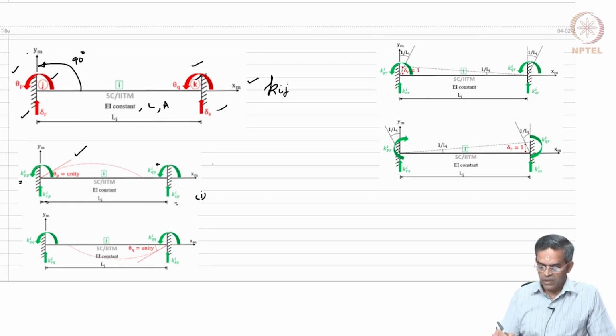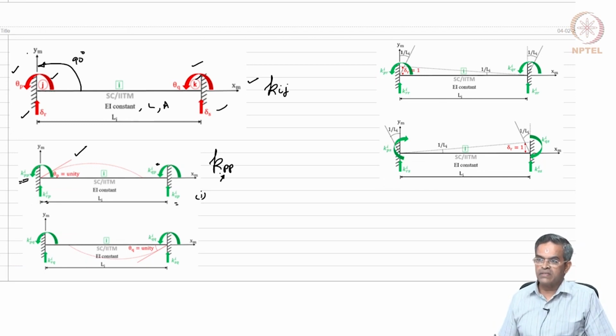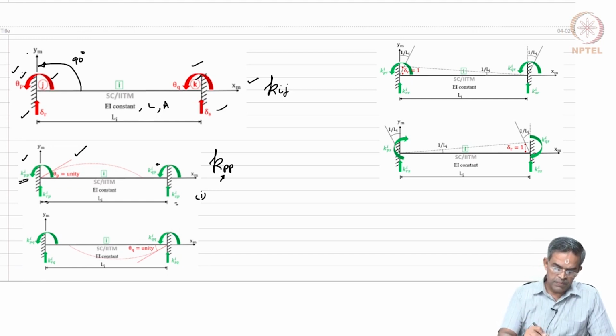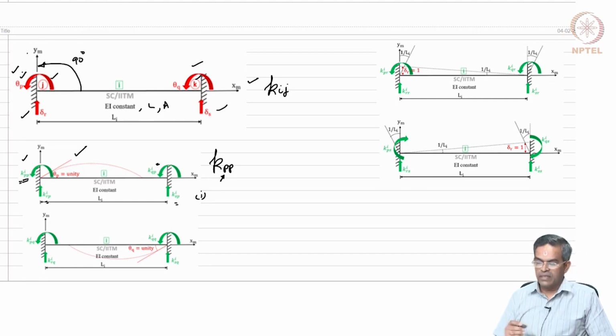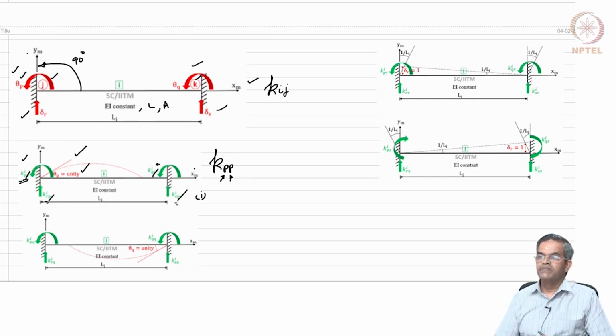Is it not? So, in Kpp, for example, the first subscript stands for the place or the degree of freedom where we are measuring the force, which is P, and the second subscript refers to the degree of freedom where you are giving unit rotation. So, theta p is unity, therefore it is P. You will find in figure 1 the second subscript of all is P. Okay.